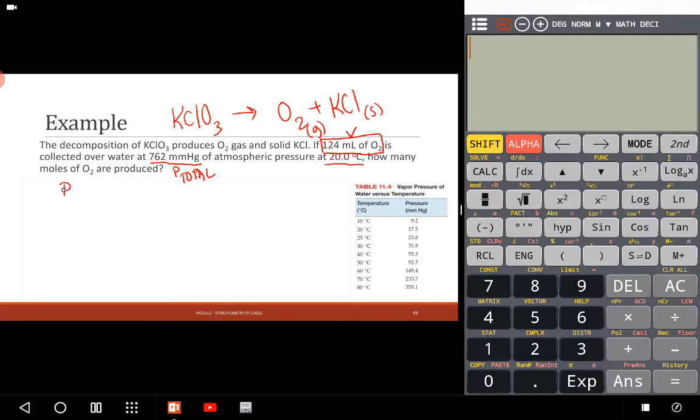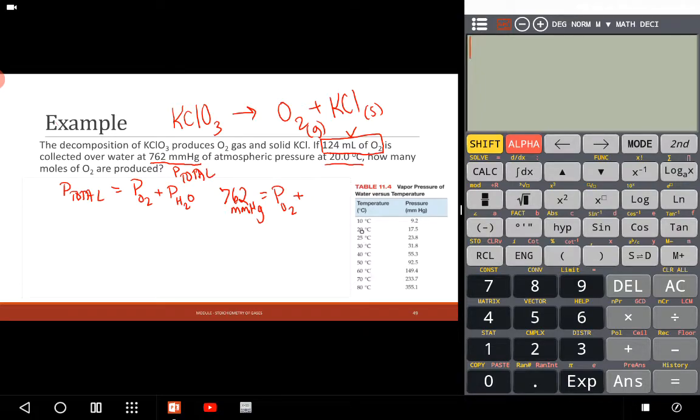So I know that my P total is equal to my pressure of oxygen gas plus my pressure of water vapor. So 762 millimeters of mercury is equal to my pressure of oxygen gas plus my vapor pressure of water.